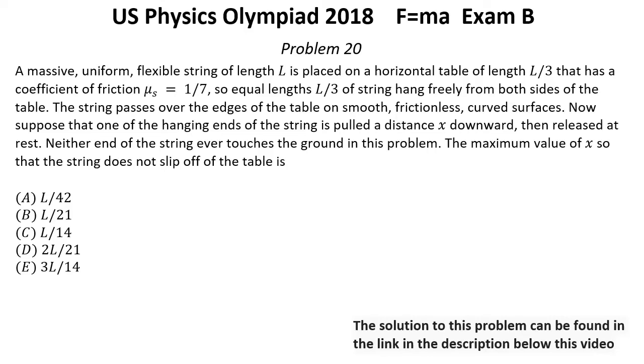First, let's write the equation for the force of friction. The force of friction equals mu static multiplied by the mass of the part of the string which is on the table, the mass of the whole string divided by 3. And if one end of this string is pulled down by distance x, we have the equation that the force of friction minus x over L mg equals x over L mg.